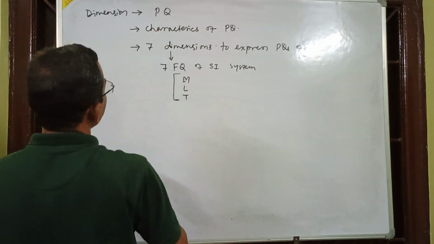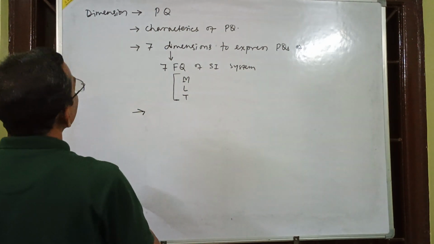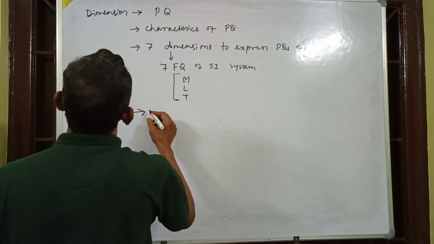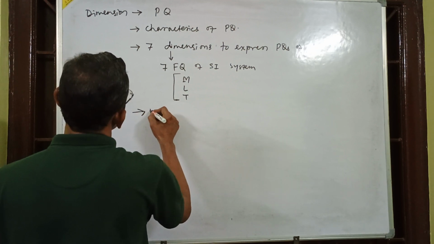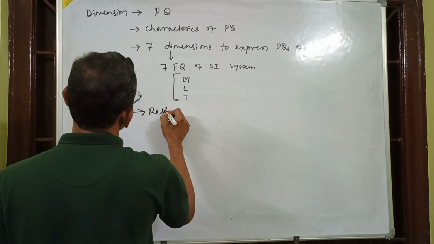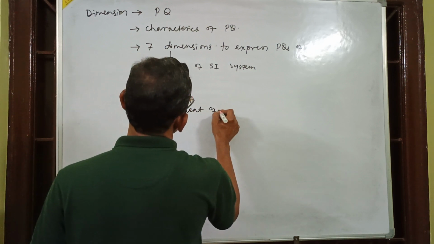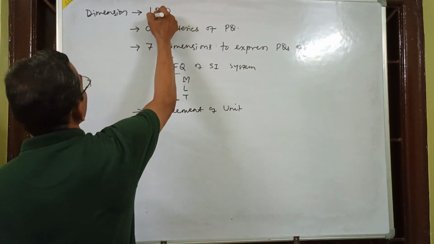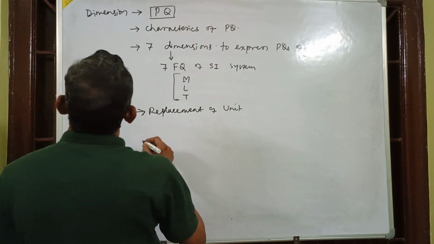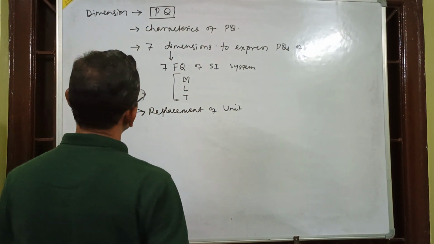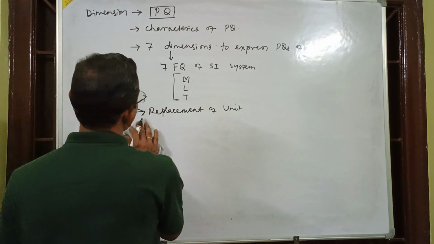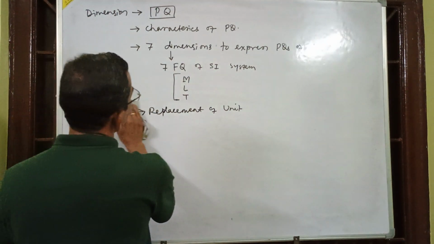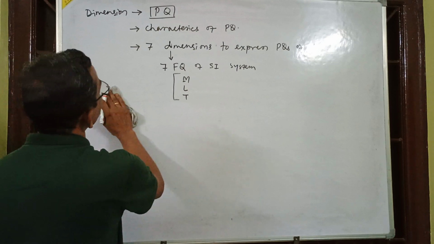Now, this dimension is another way of measuring a physical quantity, a replacement of or in place of unit. Like units are used to express the measured value of a physical quantity, in a similar manner dimension also will represent the measured value of a physical quantity in terms of 7 dimensions.